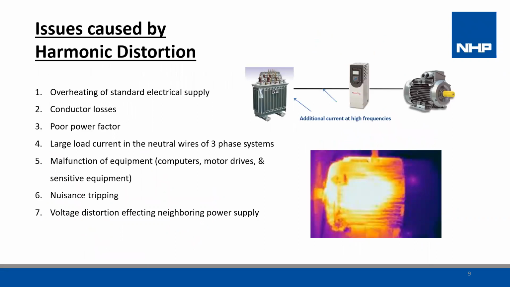Issues such as overheating of electrical supplies, conductor losses, poor power factor, large load currents in the neutral wires of a three-phase system. We can have malfunctioning of equipment such as computers, motor drives, and other sensitive electrical and electronic equipment. It can cause tripping of protective devices. It can cause voltage distortion on neighboring power supplies.